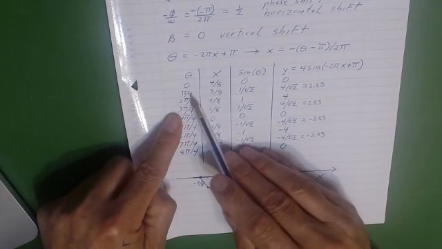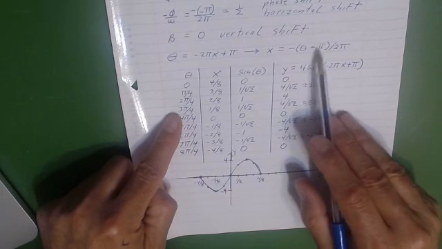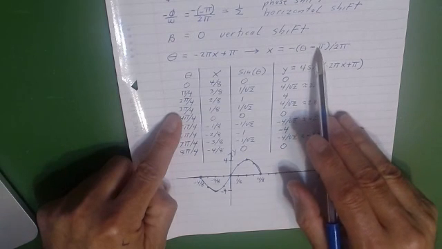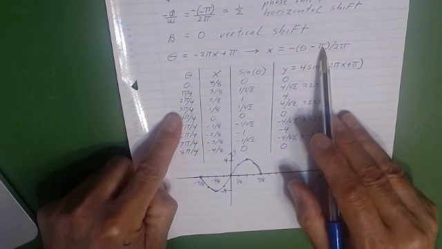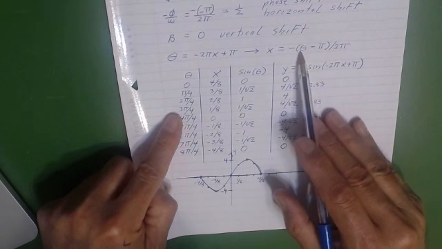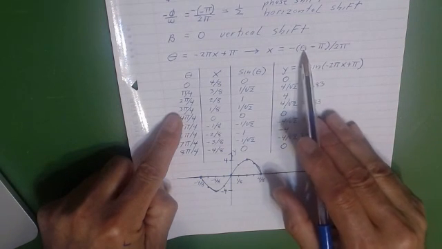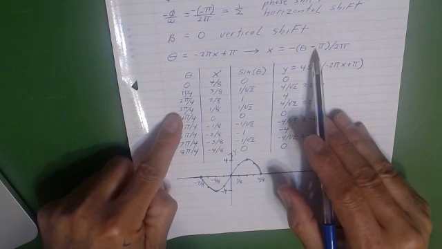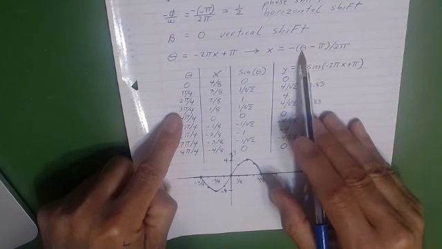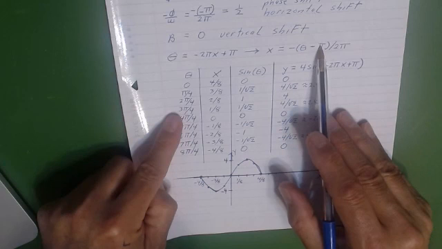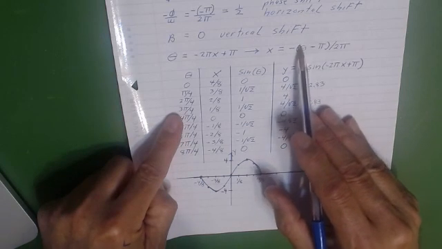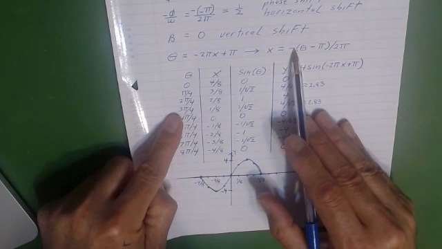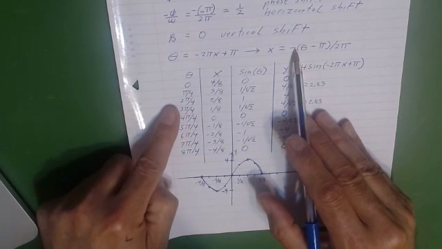So theta is pi over 4. Pi over 4 minus pi is minus 4 pi over 4, so pi over 4 minus 4 pi over 4 is negative 3 pi over 4, but then it's a negative that, so that makes it positive 3 pi over 4.